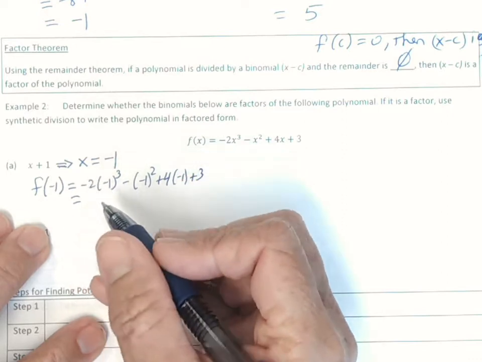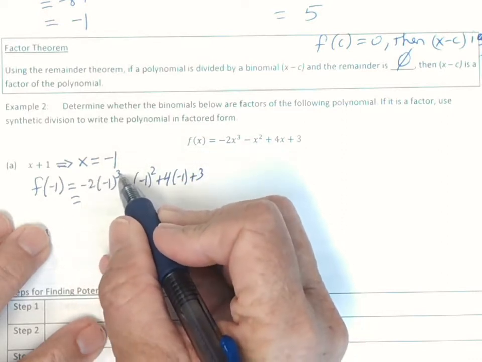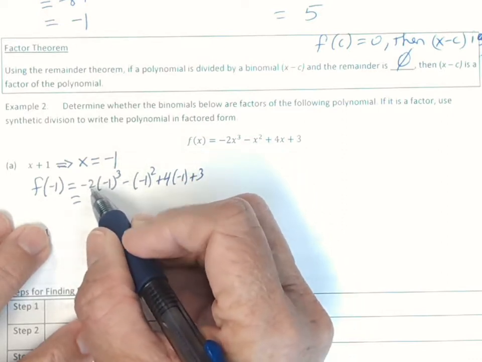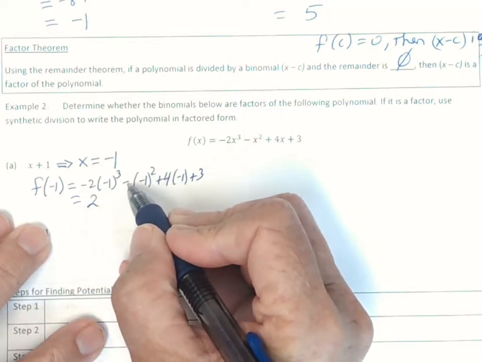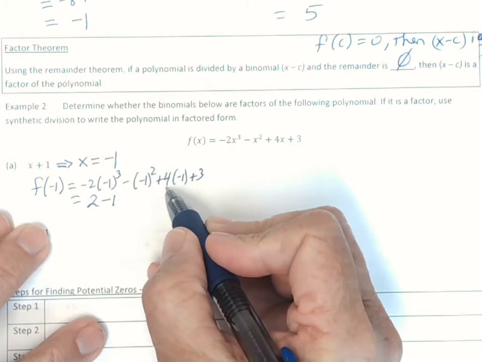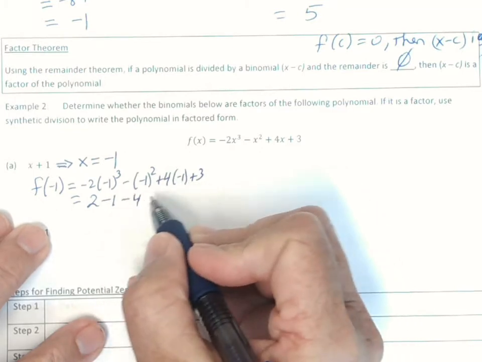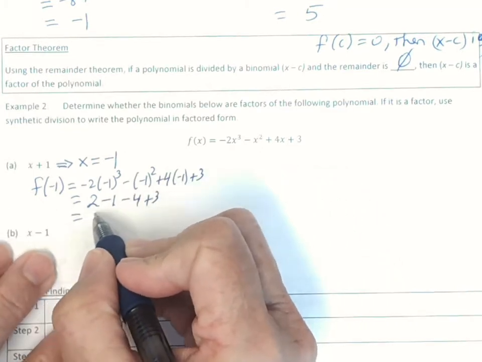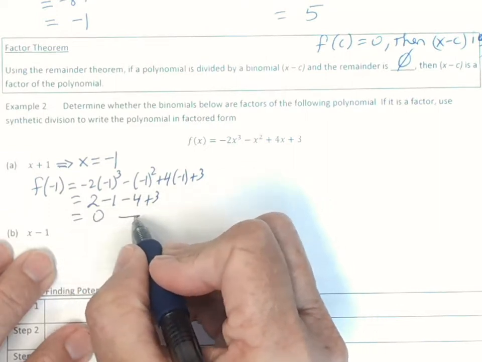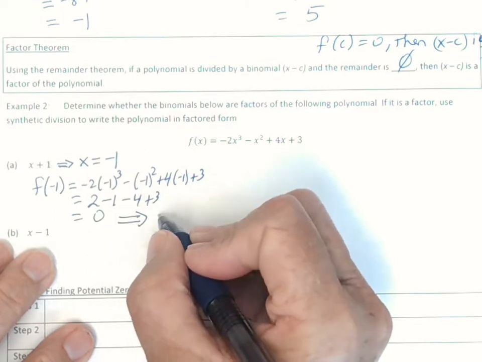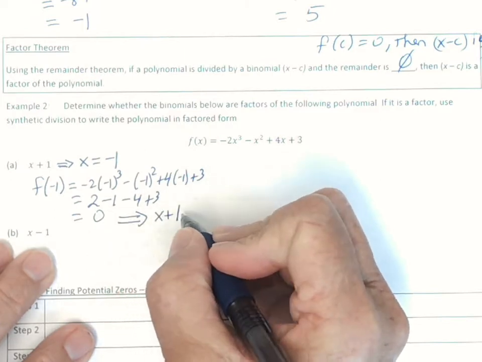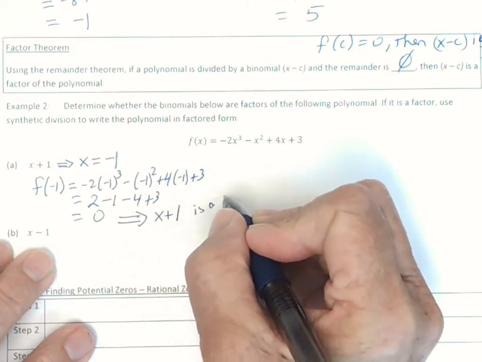And when we plug these values in, negative 1 cubed is negative 1 times negative 2 is positive 2. Negative 1 squared is positive 1, but we're subtracting. Plus 4 times negative 1 plus 3. So we get a value of 0. Okay, so if my remainder is 0, this says x plus 1 is a factor.